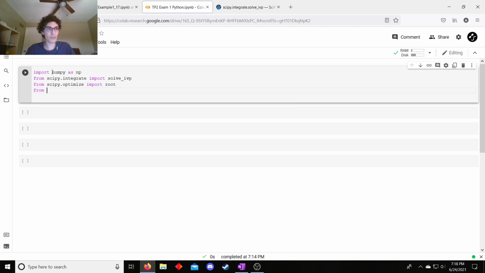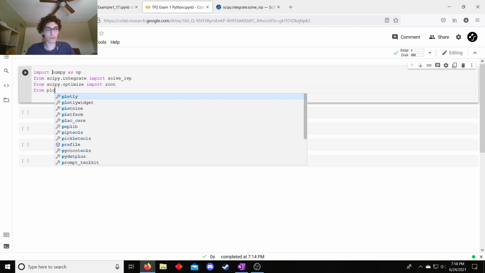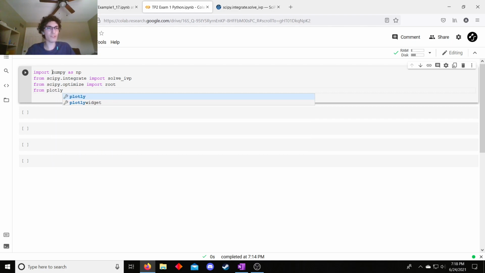And to do that, we're going to import some functions from Plotly, which is just a library of functions that we're going to use to make some plots, or our graph.